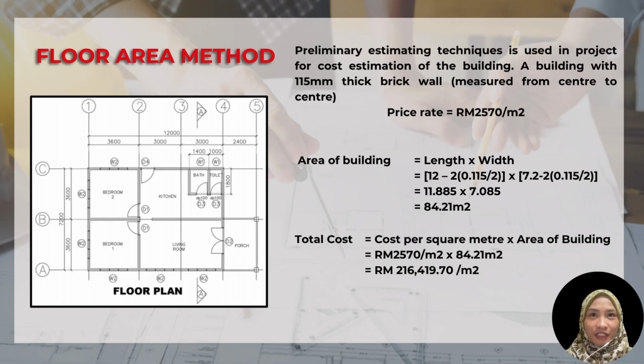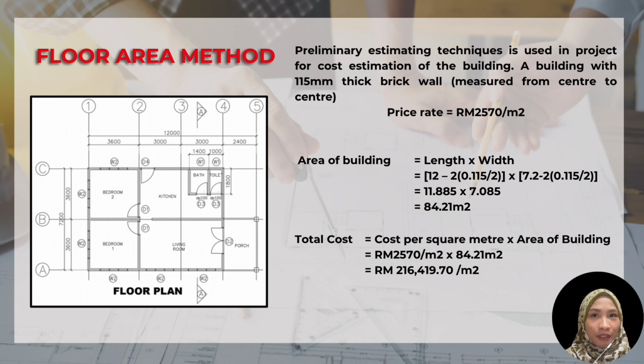Hi, my name is Rashida Yusri and my matrix number is CF220054, and I will be delivering the floor area method and also the volume method. For the floor area method, we calculated based on the drawing shown here. Our building features a 115mm thick brick wall measured from center to center, with a price rate of RM2570 per square meter.